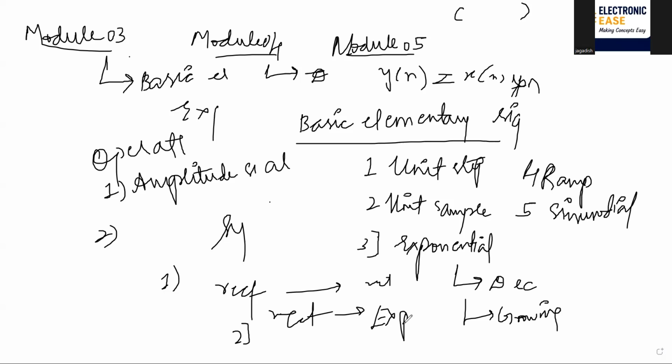In the second half, you need to learn about the system interconnection. That is, whenever I'm connecting the systems in parallel and cascade, what happens? You need to solve the 2 kinds of problems I have taught. They will be giving you the blocks and you have to reduce that. After reducing the blocks, that is a type 1 problem.